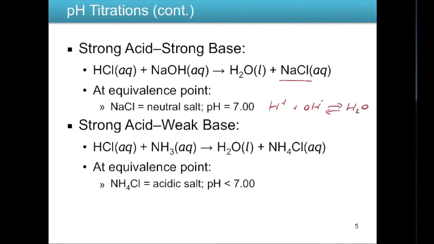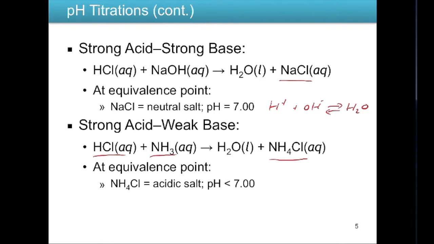Acid and base producing water. If we have a strong acid-weak base titration, for example, HCl and NH3 producing water plus ammonium chloride, at the equivalence point all we will have left is the acidic salt. We've added enough HCl to react with all of the NH3, and that reaction is converting the NH3 into NH4+.